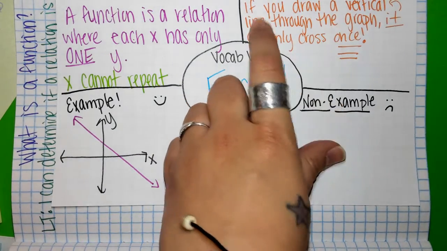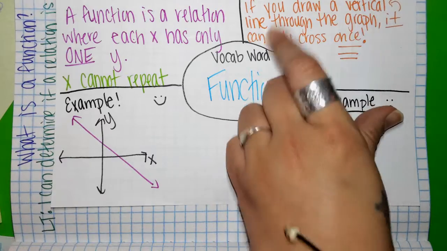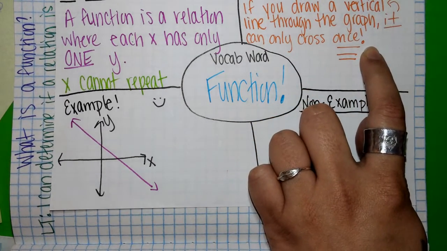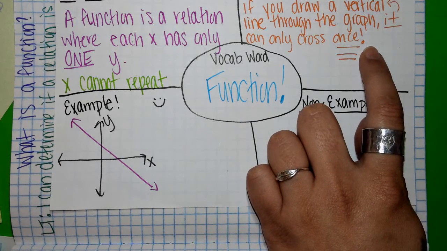Now, one of our characteristics said, if you draw a vertical line through the graph, it can only cross once. So what does a vertical line look like? Straight up and down, correct?